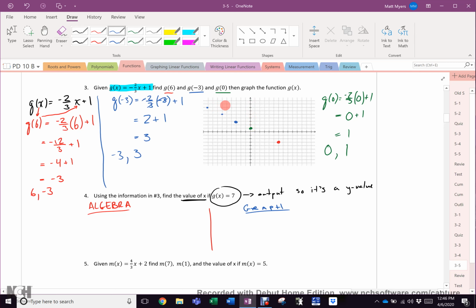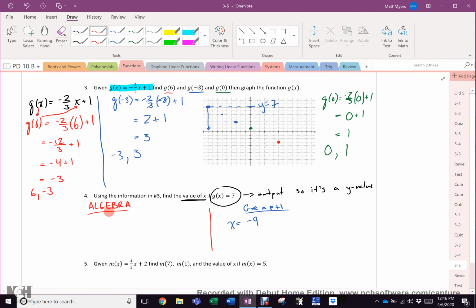Now, right there is y equals 7. There's the dot. I need the x value when y is 7. Well, there it is right there. 6, 7, 8, 9. Negative 9.